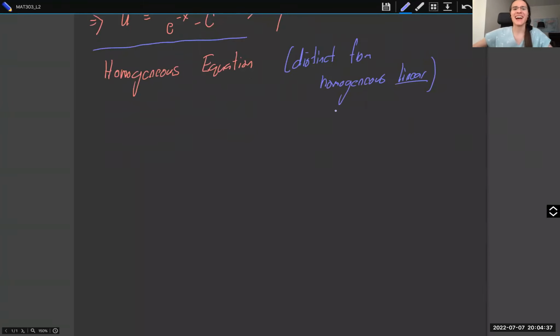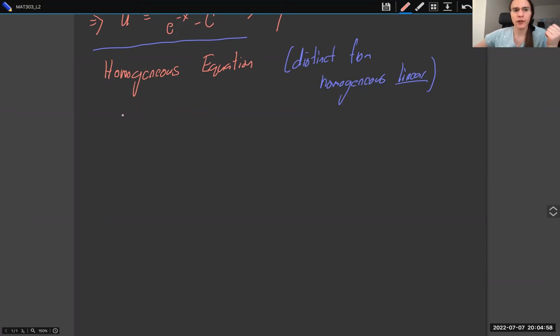So yeah, the name is actually suitable, and this is the standard name for both of the concepts. So if I just say a homogeneous equation, in this case, I mean something different from a homogeneous linear equation.